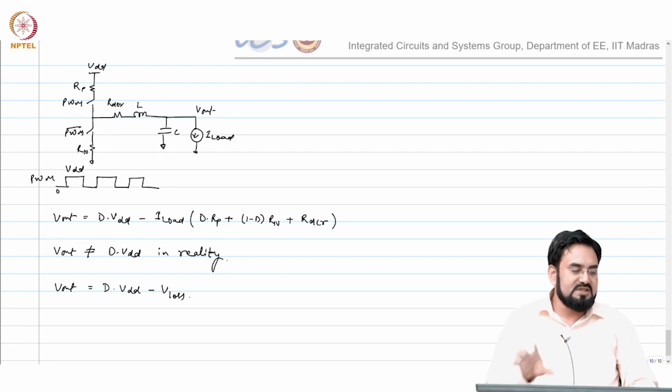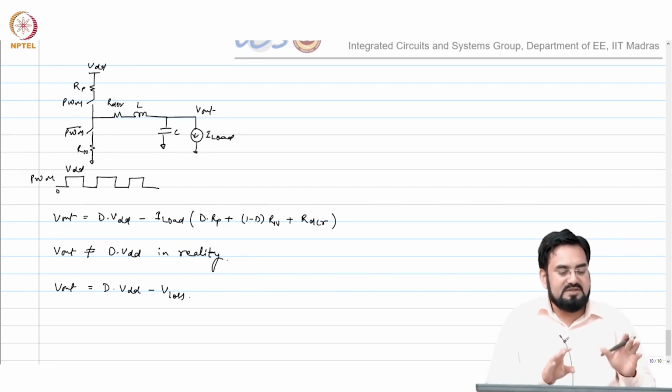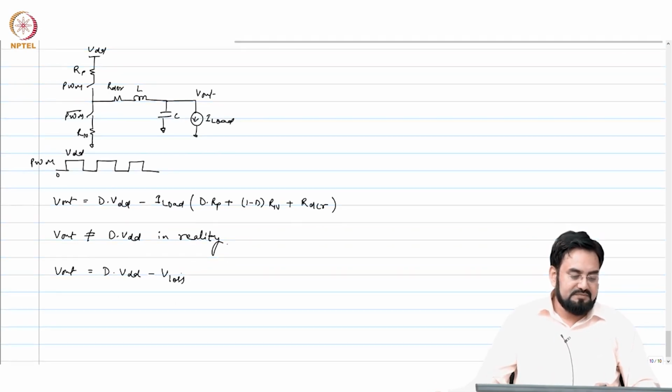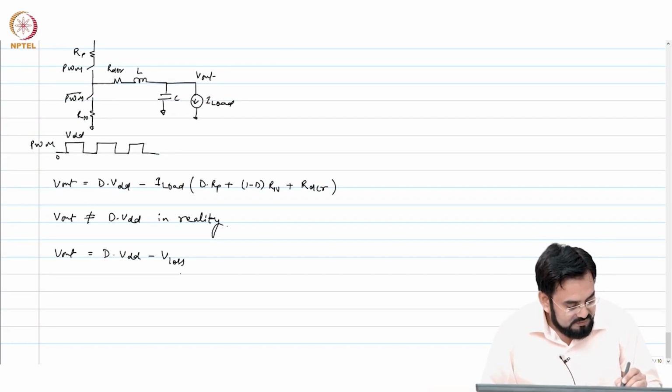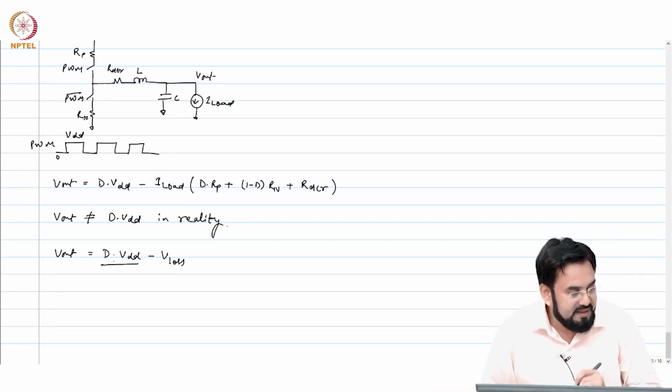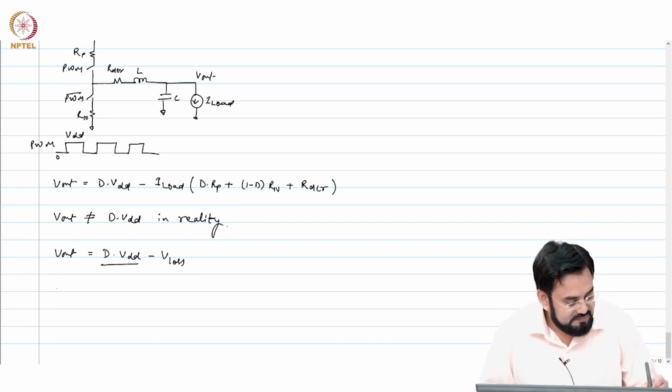So, we are losing some voltage there, which I am simply calling V loss. Which means if this is your ideal V out, I will call it V out no loss.